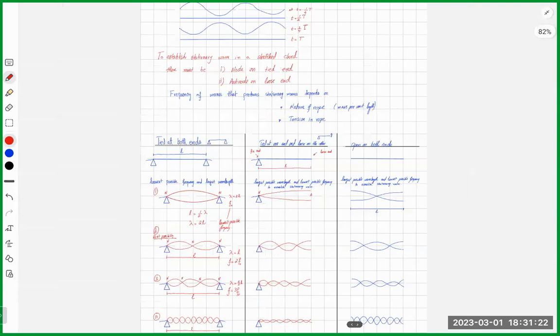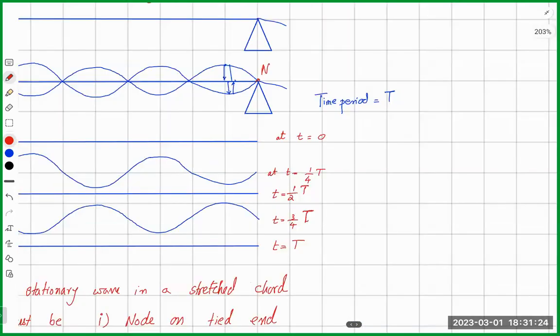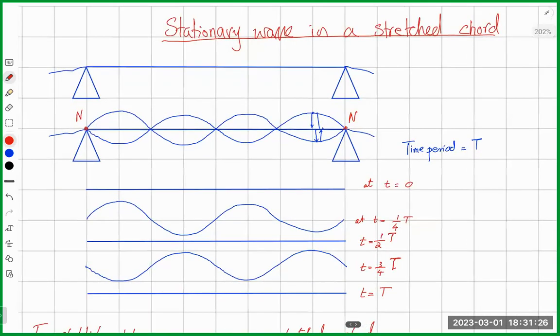So this is an example. This is a stretched string. In a stretched string, we can see stationary waves produced. One example is a guitar string. For example, at t equal to 0, it is a straight line.